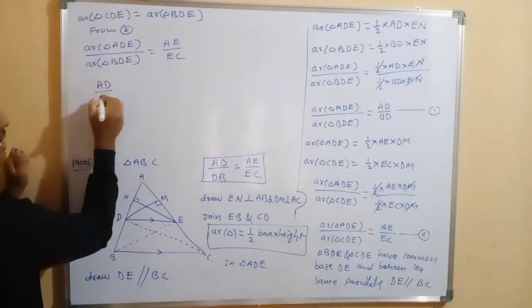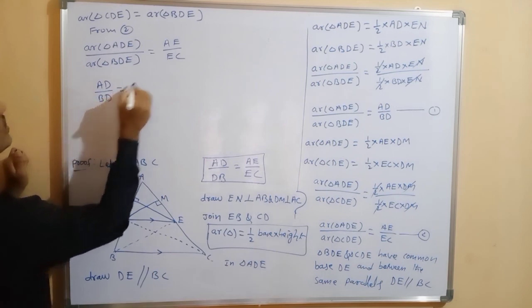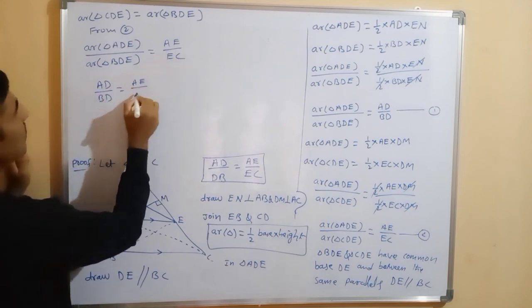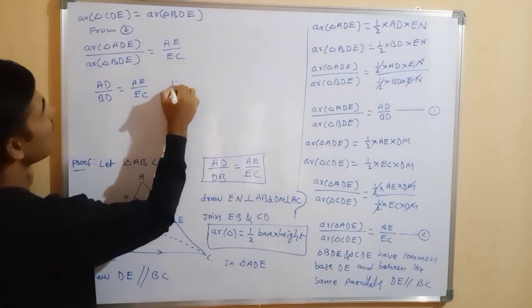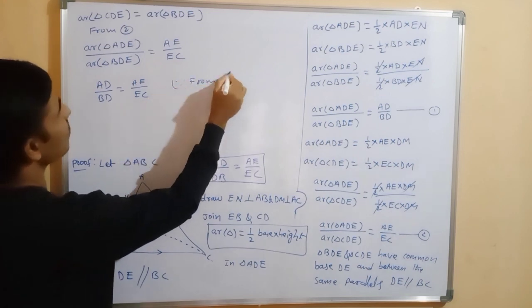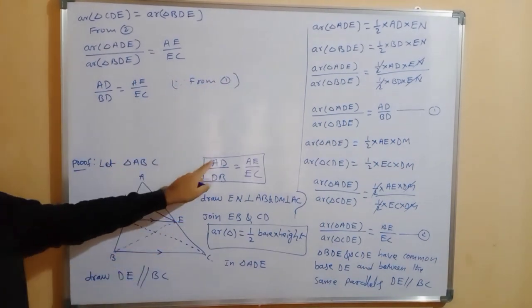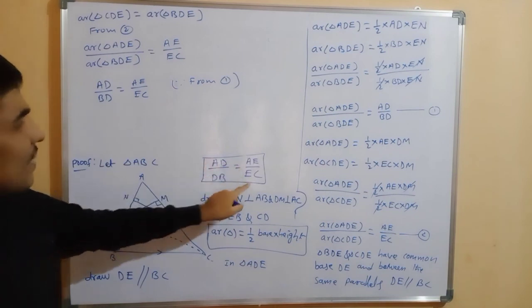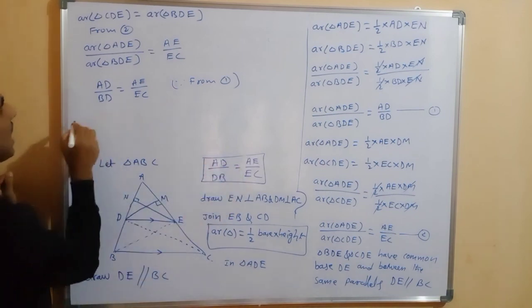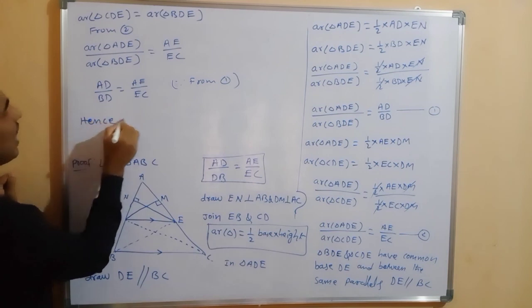So we get AD by DB equals AE by EC. Hence proved.